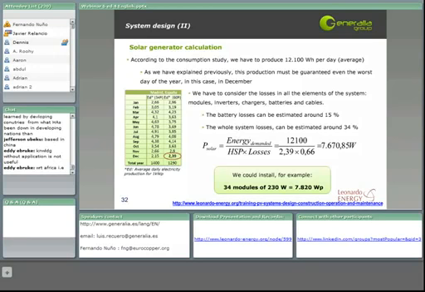So, as we have to install at least 7,670 watt peaks, we could install, for example, 34 modules of 230 watt peak, which is a commercial size, in order to get 7,820 watt peaks of installed solar power.